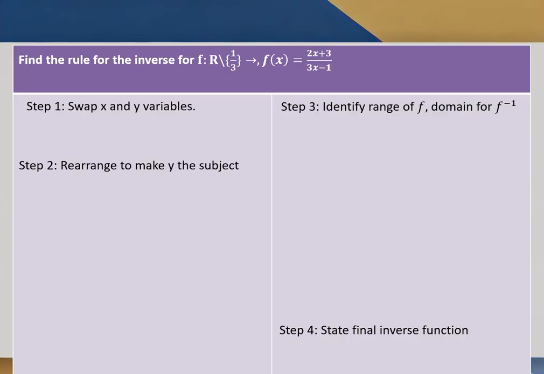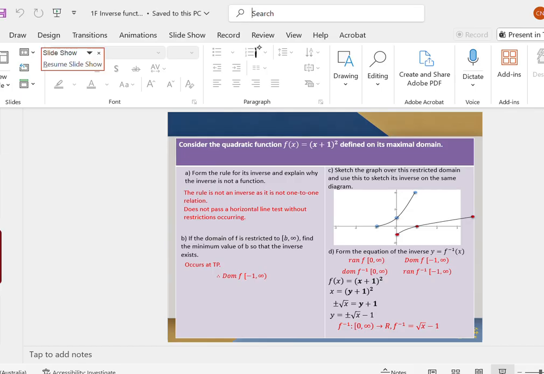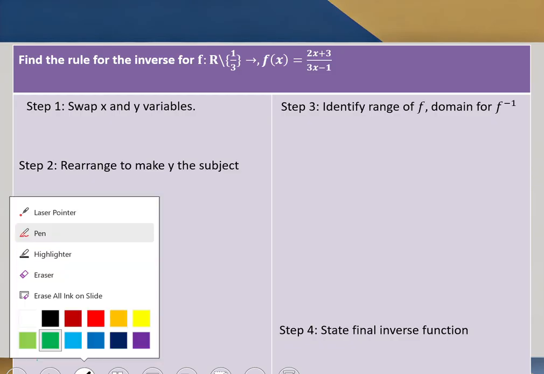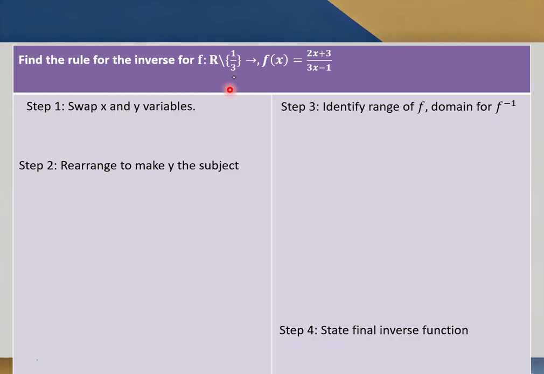Okay. So it's going to be for all real numbers here. For all real numbers, f of x is equal to 2x plus 3 over 3x minus 1.